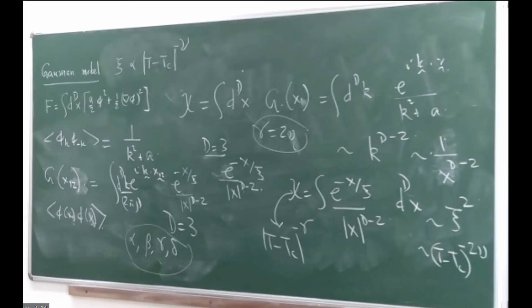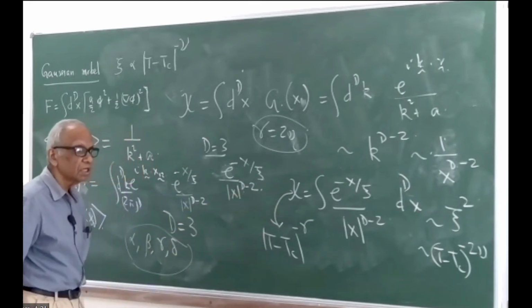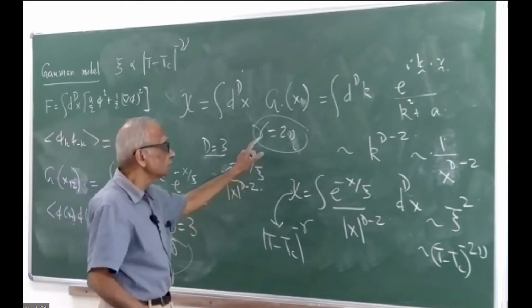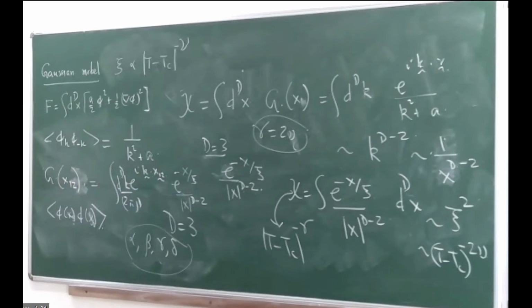So all the exponents are probably not independent of each other, and just from the thermodynamic relationships you come up with this answer that gamma is equal to 2 nu. Correct? So, is it right?